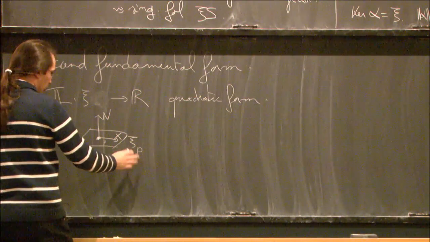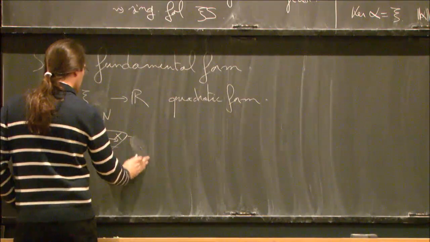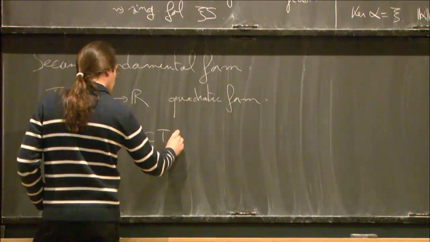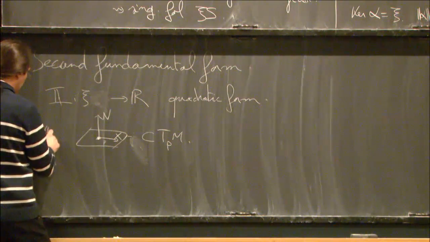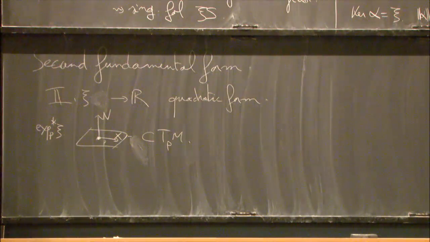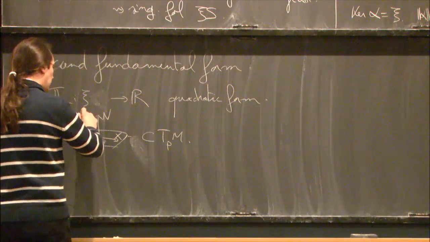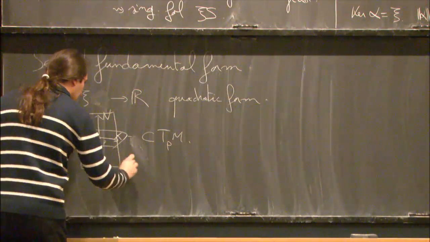Then you pull back inside T_P M by the exponential map of psi, so now I'm in a Euclidean space. I consider only a small neighborhood of the origin, and I have the plane spanned by n and x.